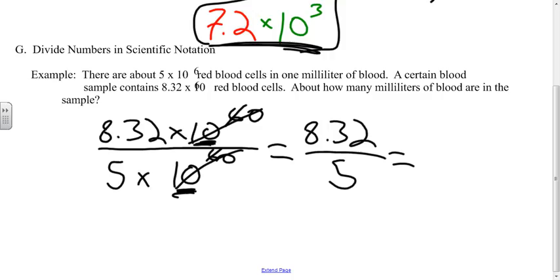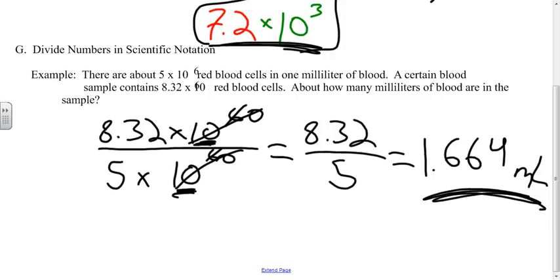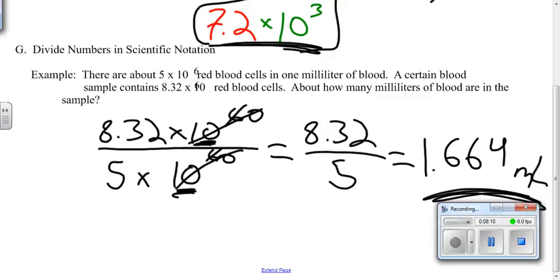And if we punch that into the calculator, that would give us 1.664. So we'd be left with our answer of 1.664 milliliters of blood in that sample. So we could say milliliters at the end. So these are examples of how we would use scientific notation.